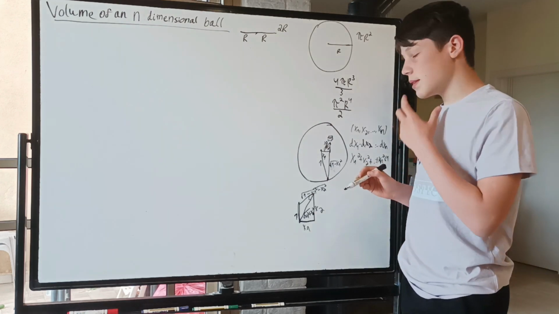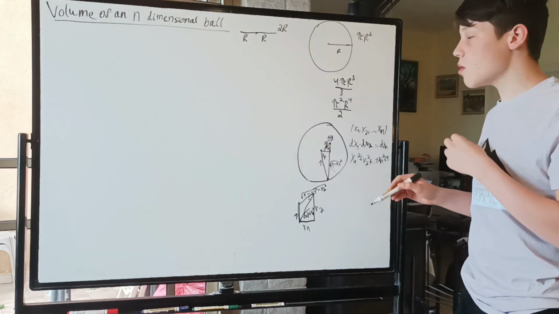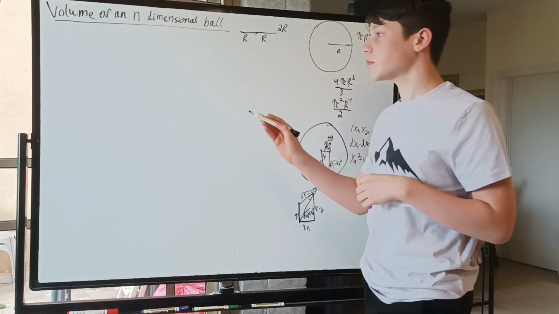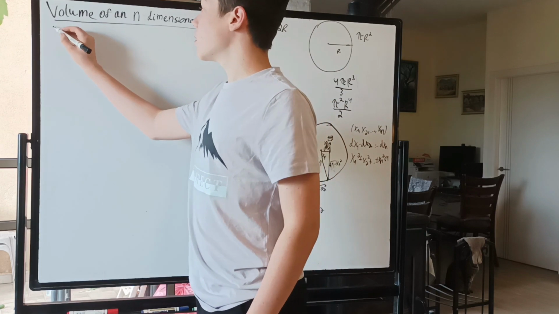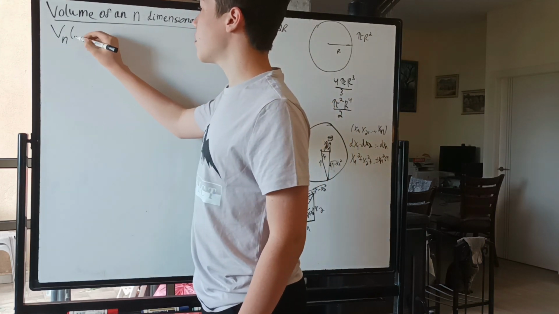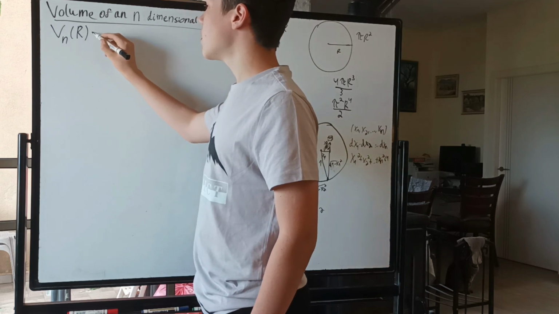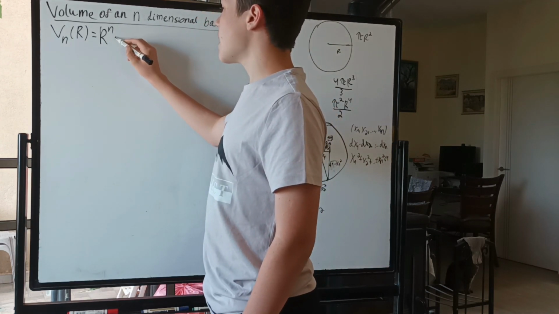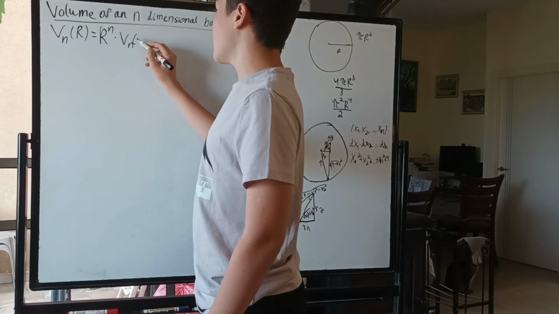So now let's do the integral, because we now know the bound of each one of these dx's. So let's mark it like this. The volume of an n-dimensional ball with radius r. Well, first of all, we can say this is r to the n times Vn(1).